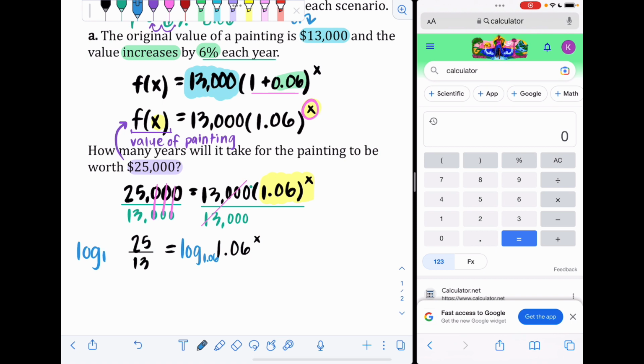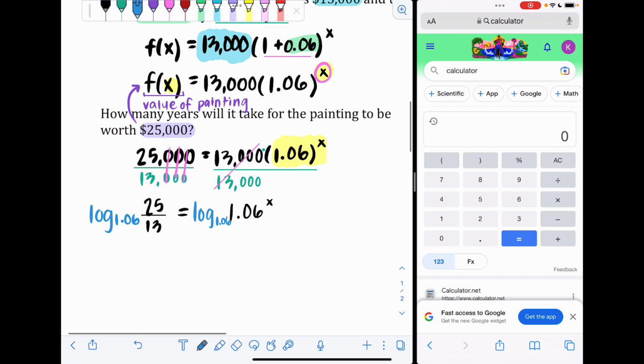I know we haven't used logs that have decimals yet, but you can pick almost any base that you want. Over here, the log base 1.06 of 1.06 to the x power cancels out, and it leaves us with just the exponent part, x.